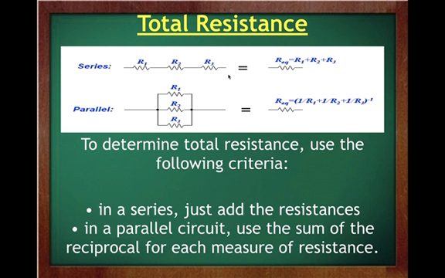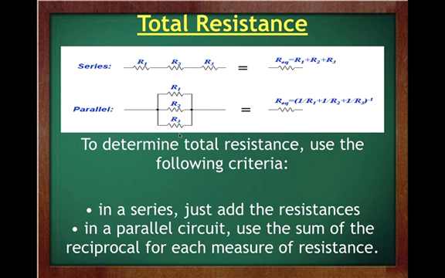However, if your resistors are connected in parallel, it actually lowers the overall resistance of the circuit, because you get the same amount of voltage passing through each of these paths, and the current is split. So your total resistance is actually given by quite a different formula.